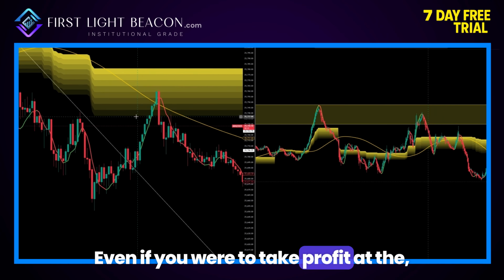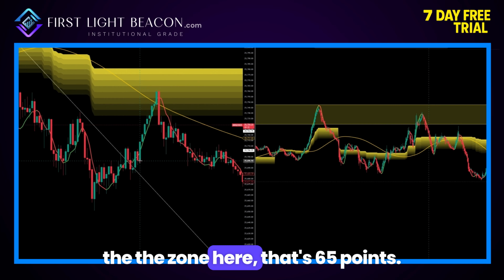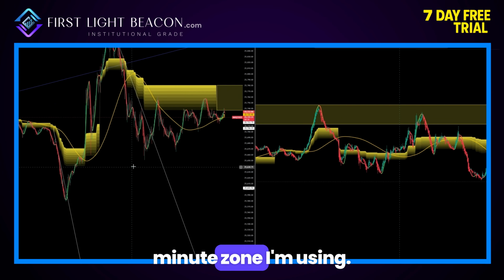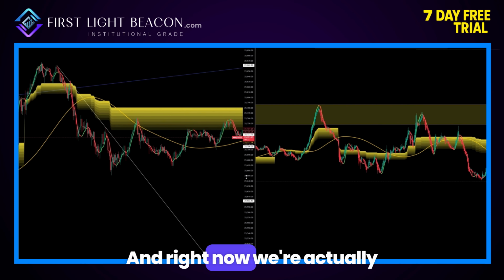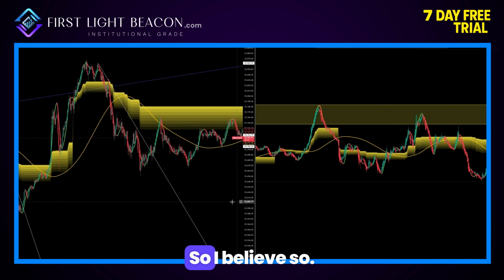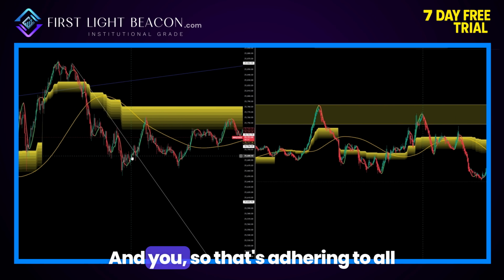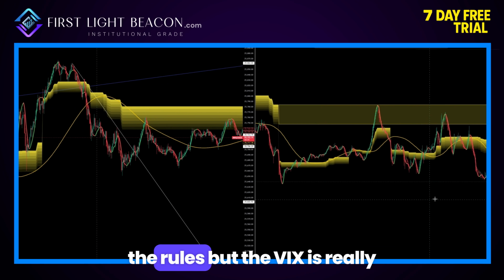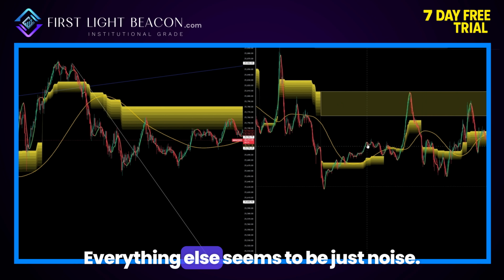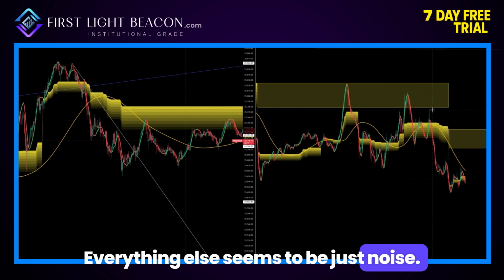Even if you were to take profit at the zone here, that's 65 points. And this is the 45-minute zone I'm using, and right now we're actually above the 350 on this. So I believe so. And so that's adhering to all the rules, but the VIX is really telling you when it's go time. Everything else seems to be just noise, right?